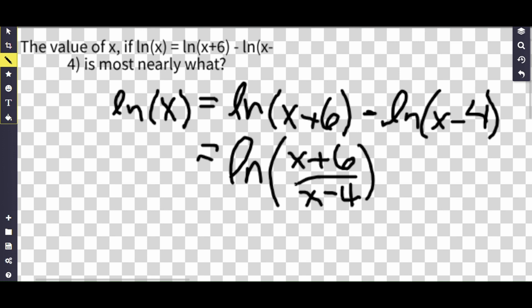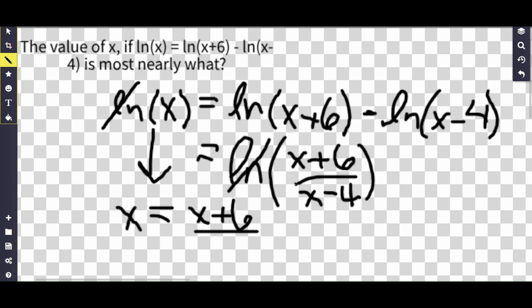Now we can eliminate these natural logs because they're both common terms on both sides. And so we are left with x on the left and (x plus 6) over (x minus 4).